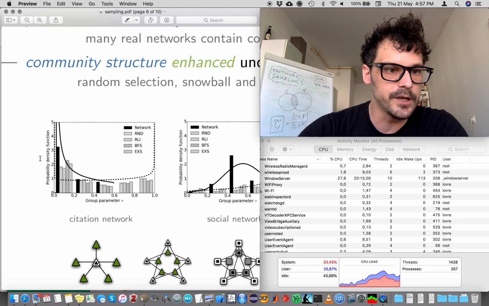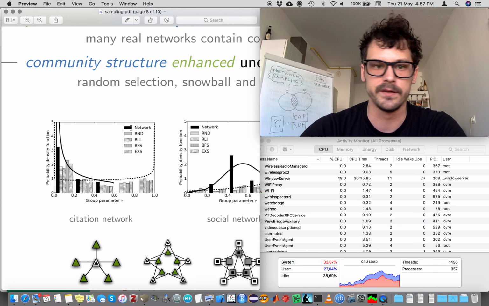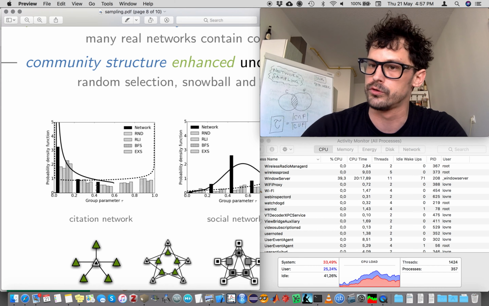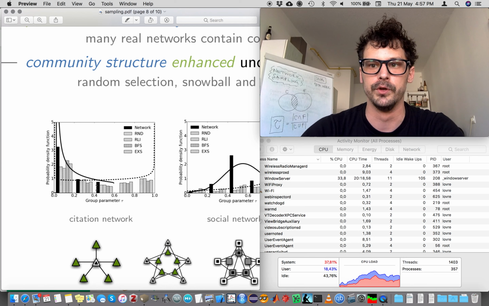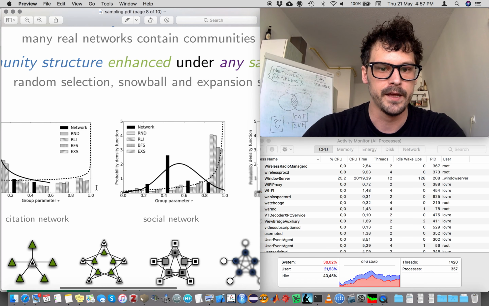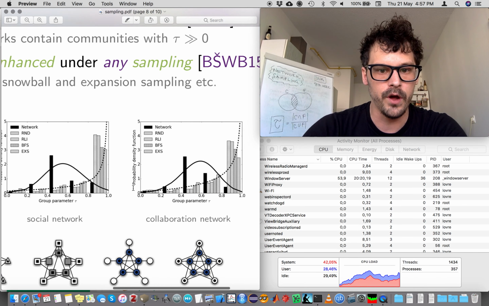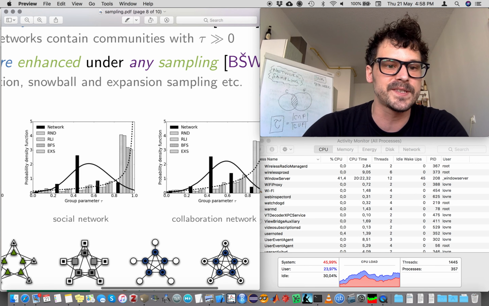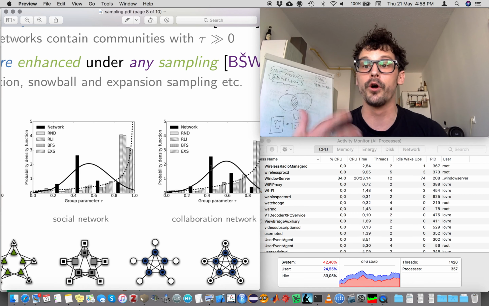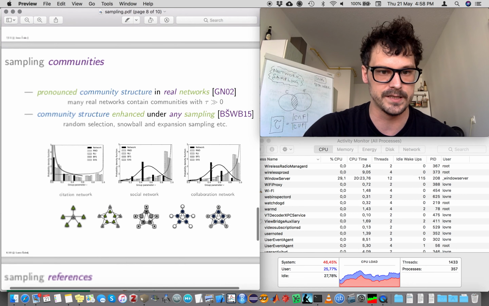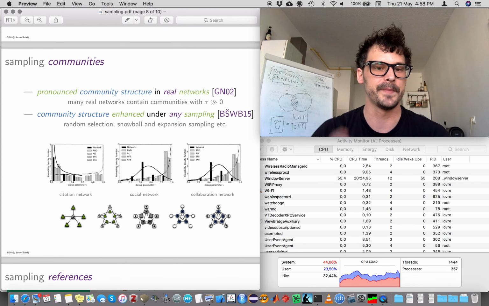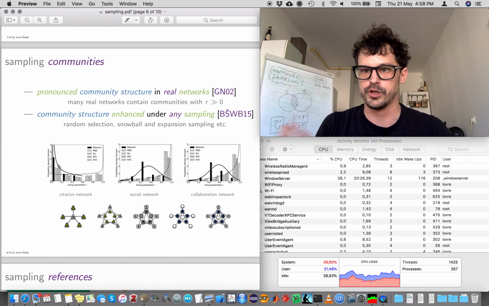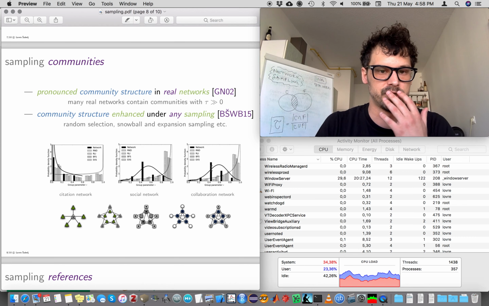And notice for a citation network, if I take the entire network, these black bars, most of the taus are close to 0. So I do not get community-like groups. In the case of a social network or a collaboration network, these taus are around 0.5, say, so I get more community-like structure in those networks. And this is expected because we know social networks will have a pronounced community structure.